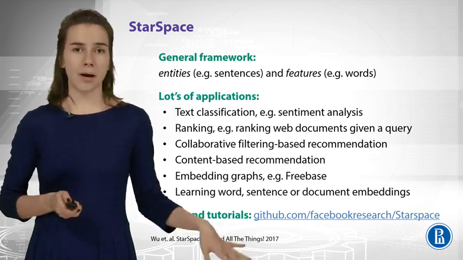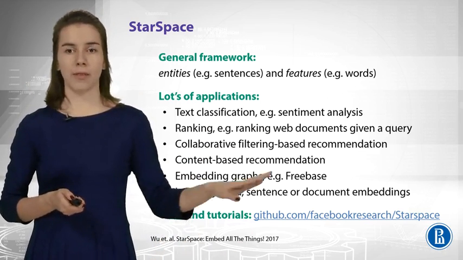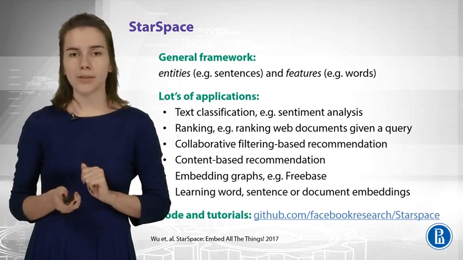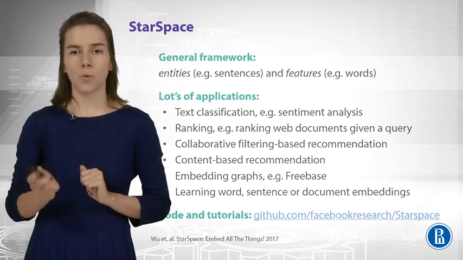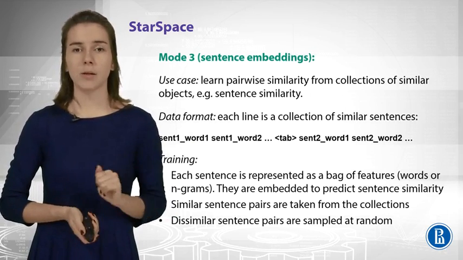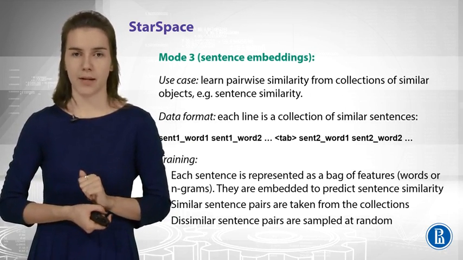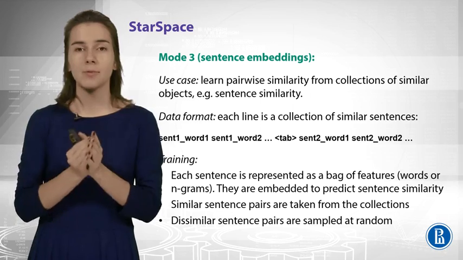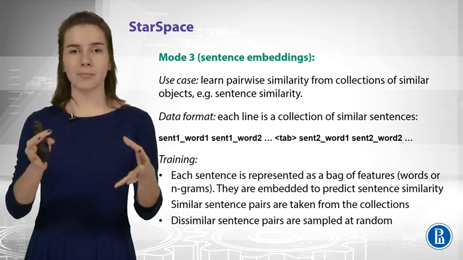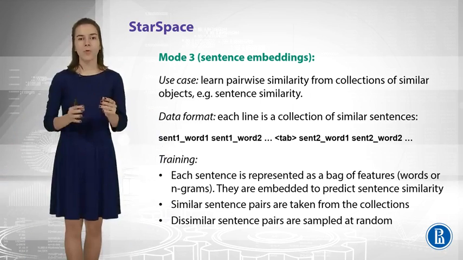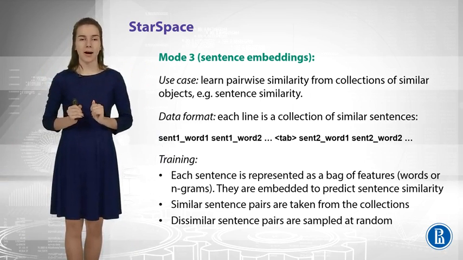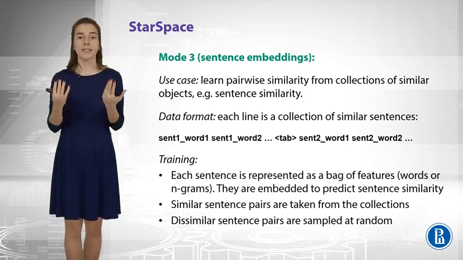Now, you can read about all those applications on the GitHub page, but I want to cover in more detail just one application. And this will be again sentence embeddings. So let's say we have some supervised data about similar sentences. So we know that some group of sentences are duplicates and they are similar.